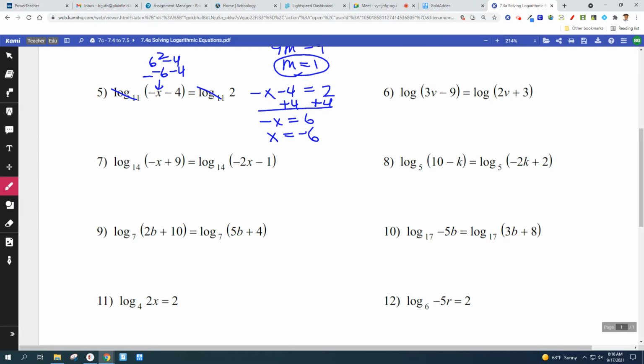Number 7, same thing. You're going to end up getting negative x plus 9 equals negative 2x minus 1. Let's get our like terms together. Add the 2x over. That's x plus 9 equals negative 1. Subtract the 9. x equals negative 10.